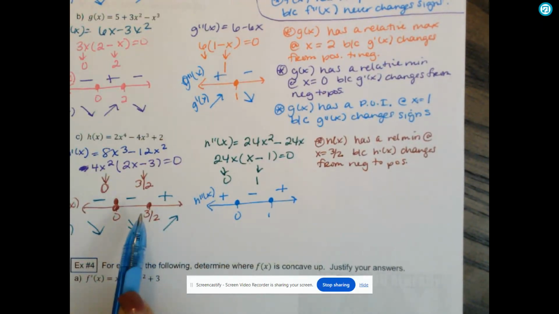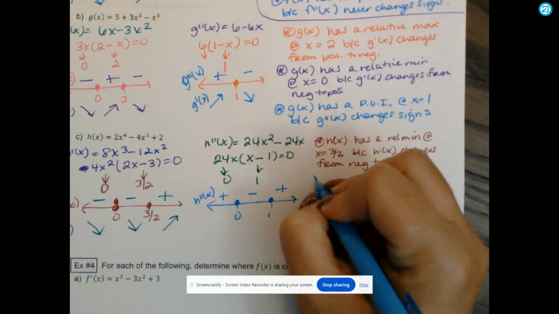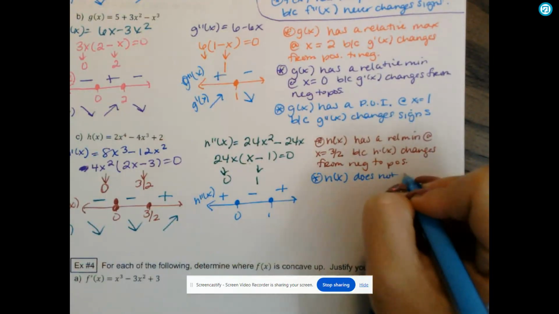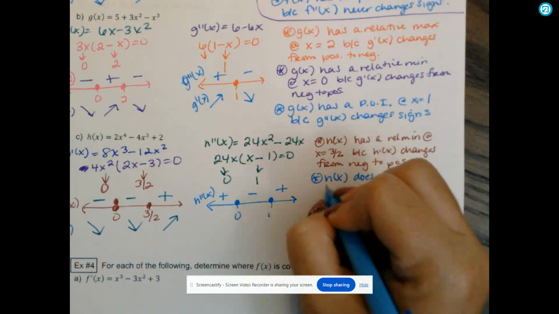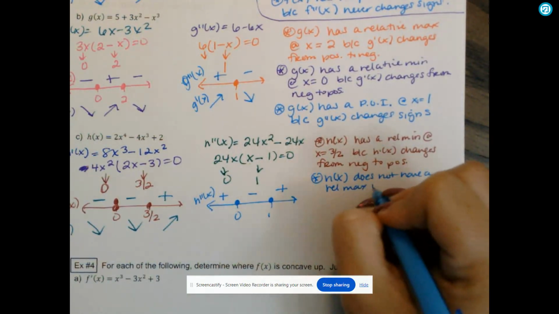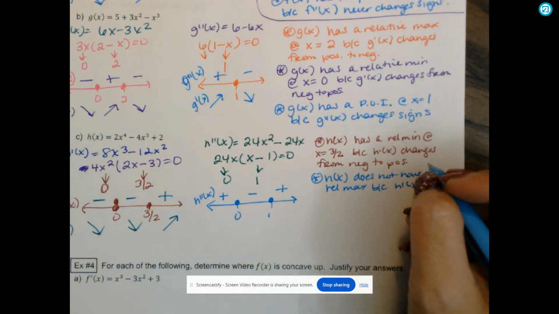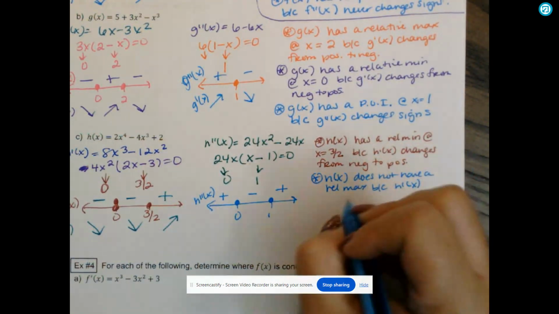But then we can also say that h of x does not have a relative max because h prime of x never changes from positive to negative.